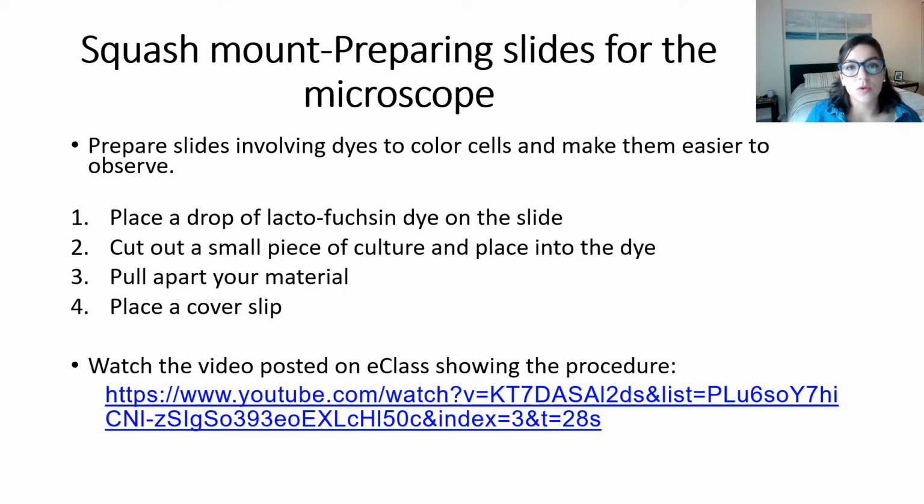In our case, we will be using mostly lactofuchsin, and the general way we prepare the slide is we place a drop of lactofuchsin on the slide. We just get a small piece of the culture, of the fungus or the bacteria, and we place it into the dye. We pull apart the material, and we cover the material with a cover slip.